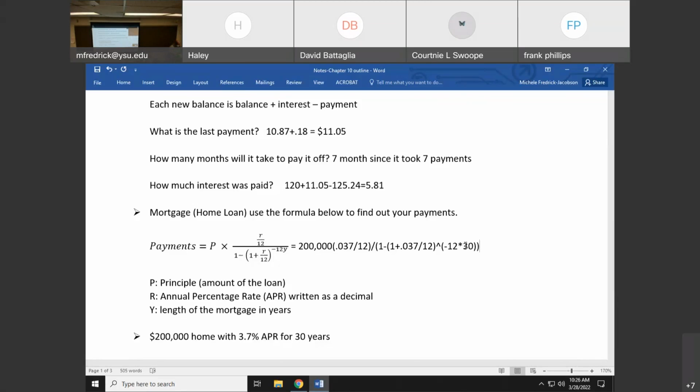But they'll be getting $920.57. And depending on your calculator, if you type it in exactly like this, it should work.